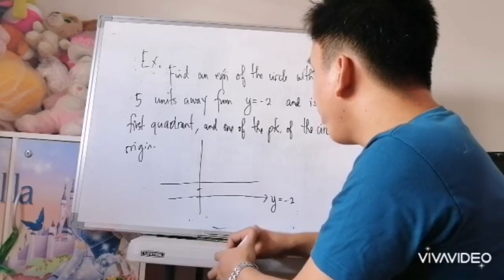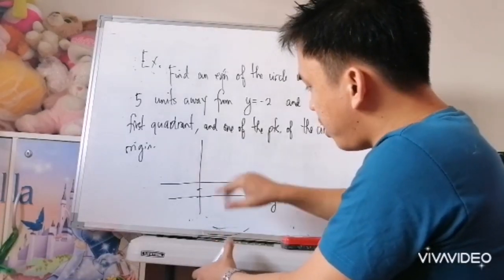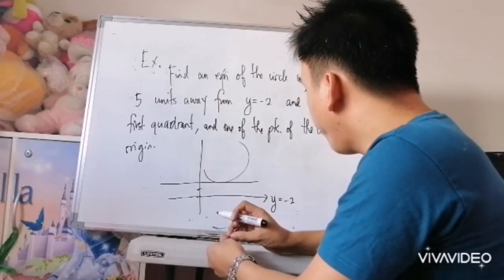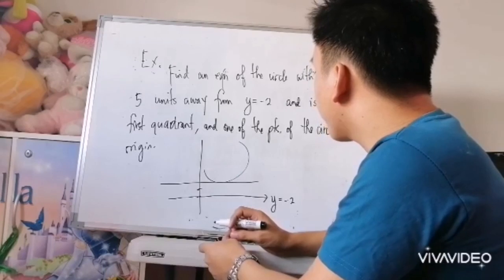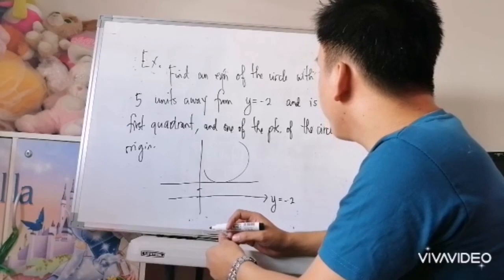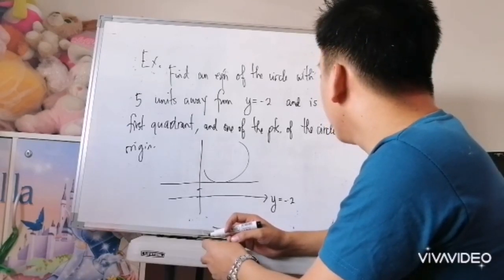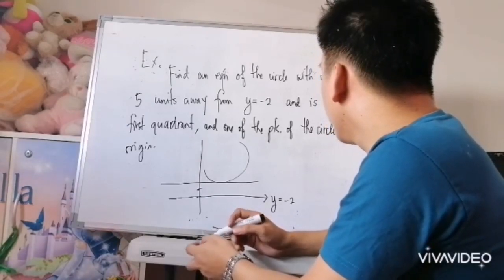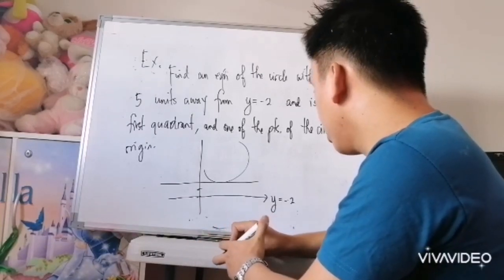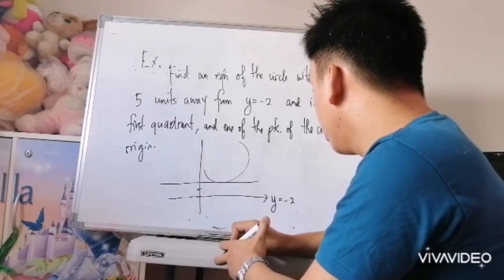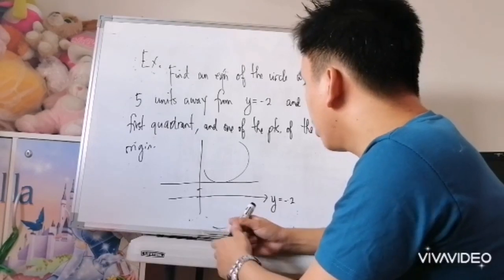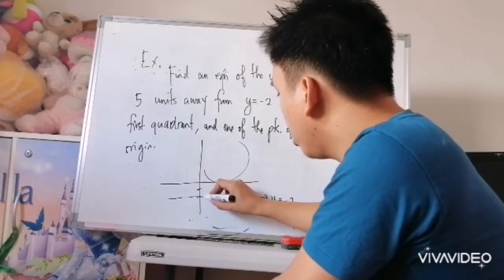It is found in the first quadrant, so you're pretty sure that the center is somewhere here, 5 units away from y equals negative 2.